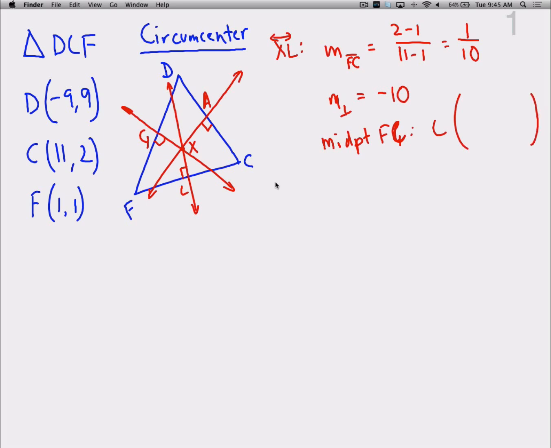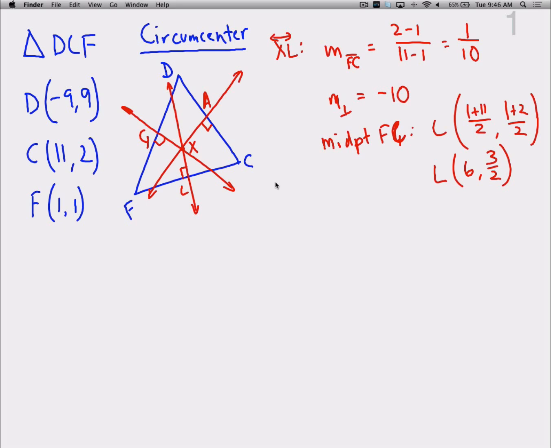How do I find the midpoint? x1 plus x2 divided by 2, y1 plus y2 divided by 2. All right, give it to me. 1 plus 11 divided by 2, and 1 plus 2 divided by 2. So L is located at 6, comma 3 halves. And leave it in fraction form, don't use decimals. Even if it's a nice decimal like 1.5, just leave it in fraction form.